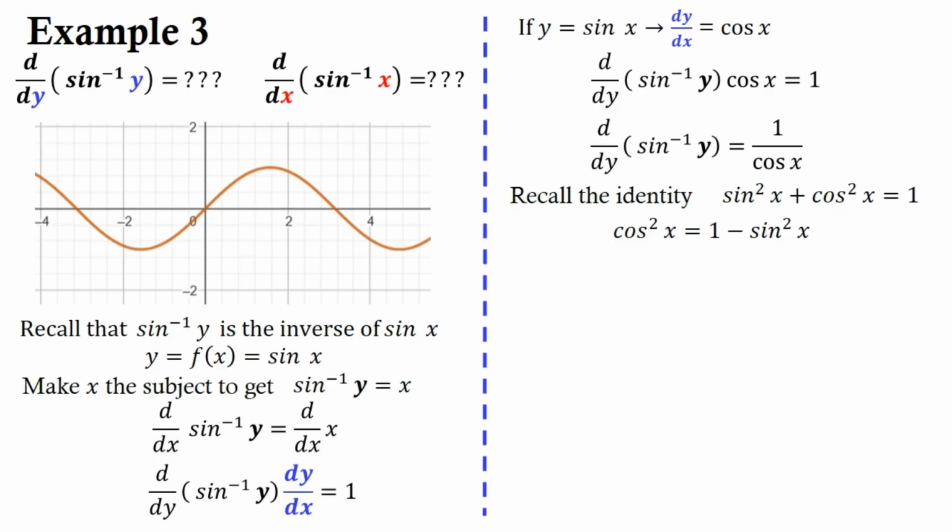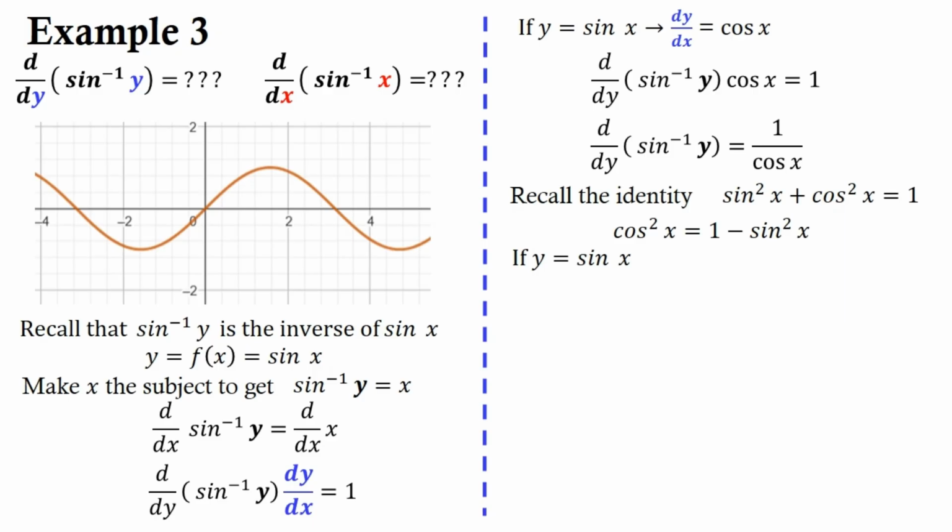Remember that what we're having is 1 over cos x. So from the trigonometric identity, we need to make cos squared x the subject. That gives us cos squared x equals 1 minus sine squared x.